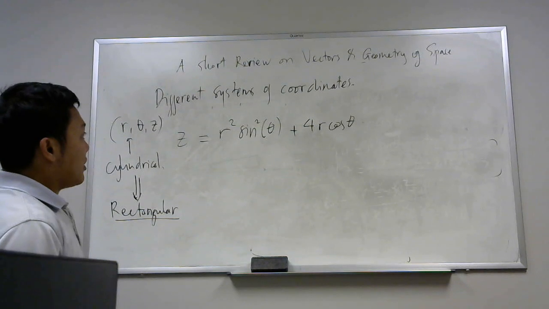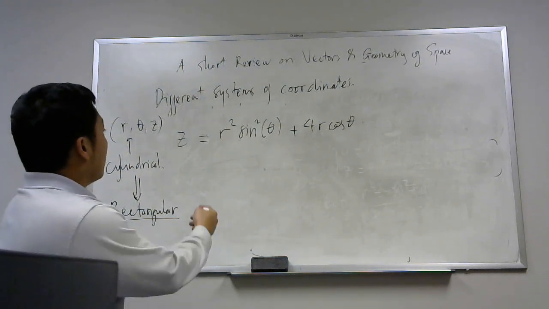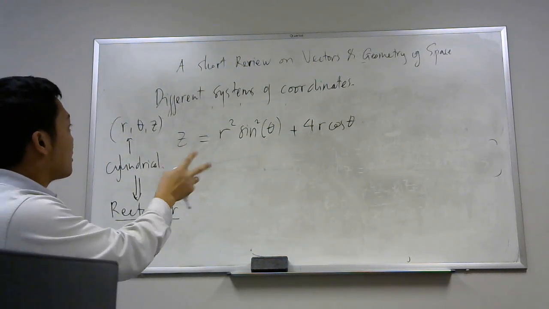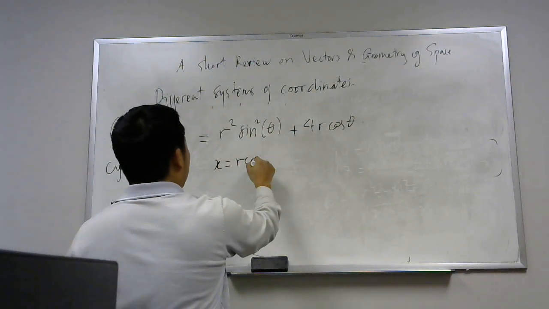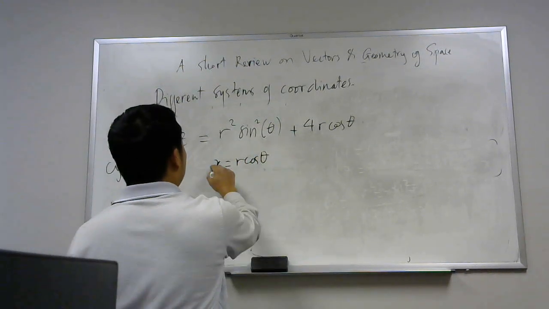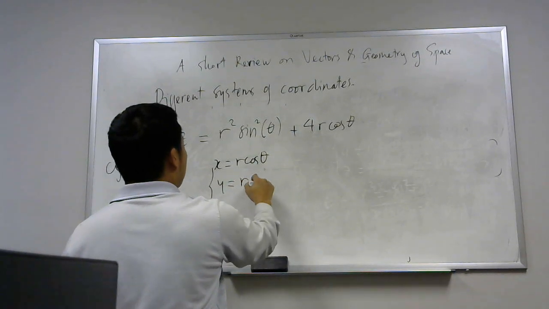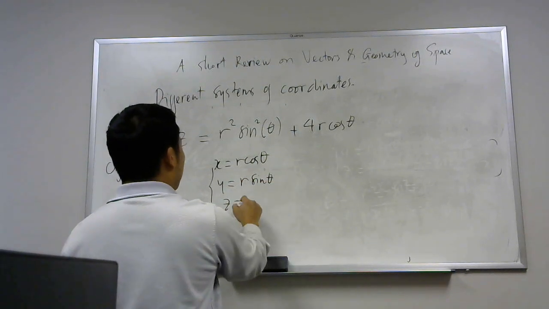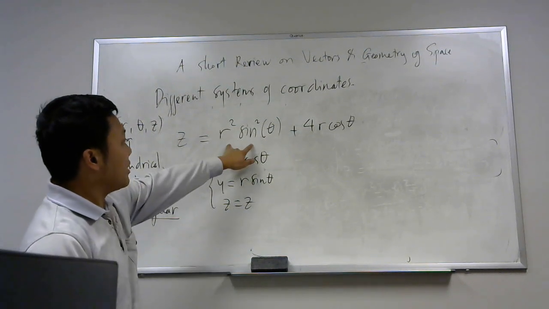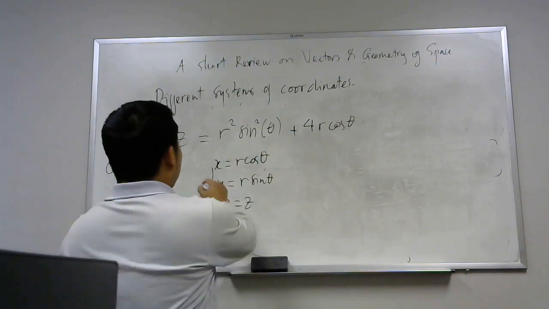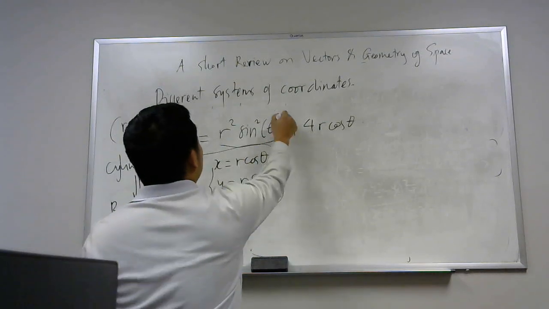Okay, let's check that. The relationship between cylindrical and rectangular is x equal to r cosine theta, y equal to r sine theta, and z is just z. So we do nothing with the z here, but we have to change this and this. What is this?